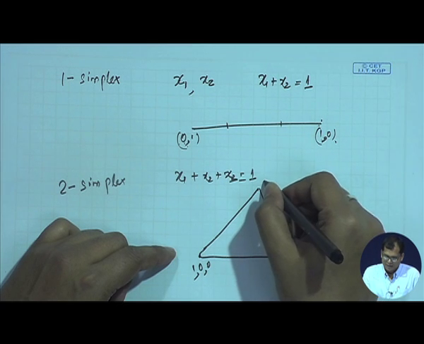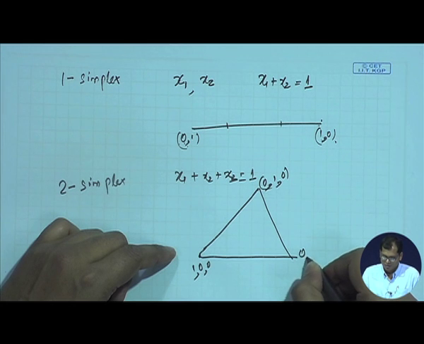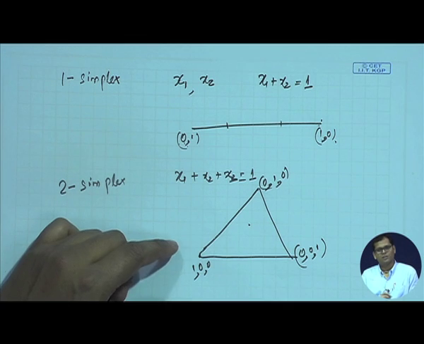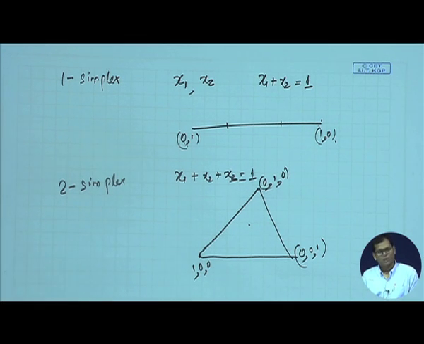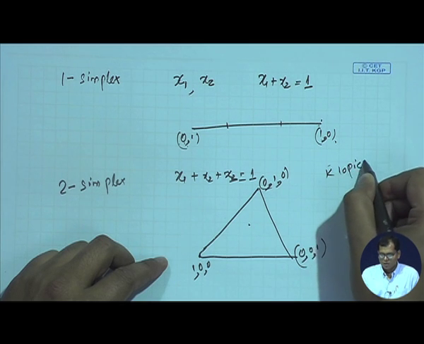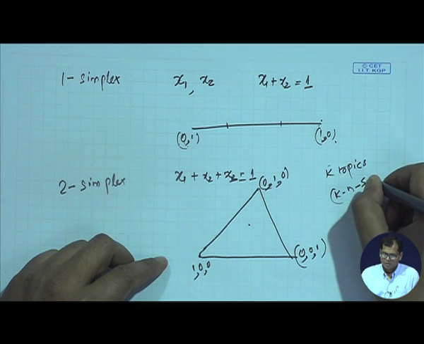Another might be x1 is 0, x2 is 1, x3 is 0, and another 0, 0, 1. Each point will have some proportions such that all three add up to 1. This is my two simplex. Like that you can define any n simplex. So if you have k topics, you can think of it as a k minus 1 simplex.